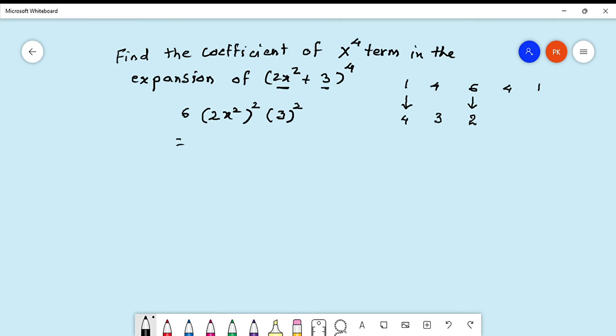So 6 into 4 into 9 x to power 4. And that will come out to be 9 fours are 36, into 6, which is 216.